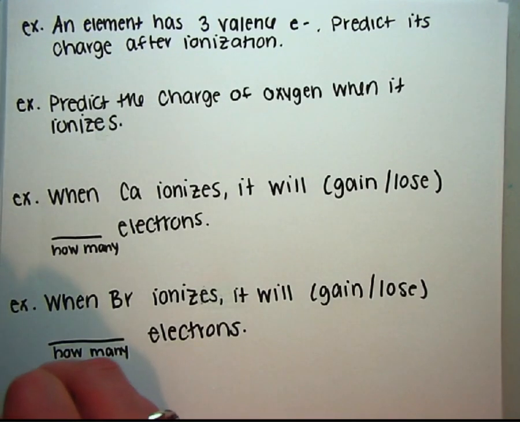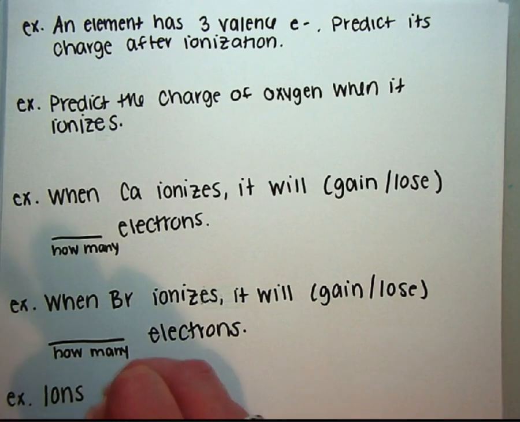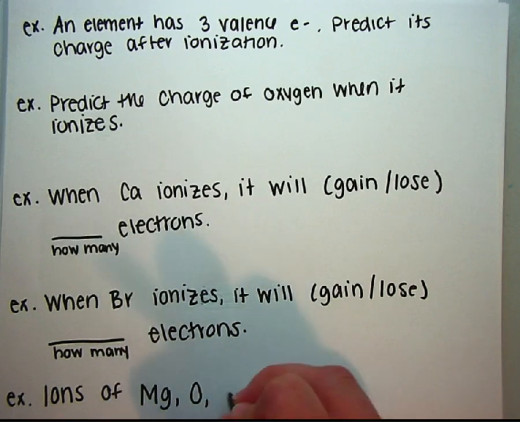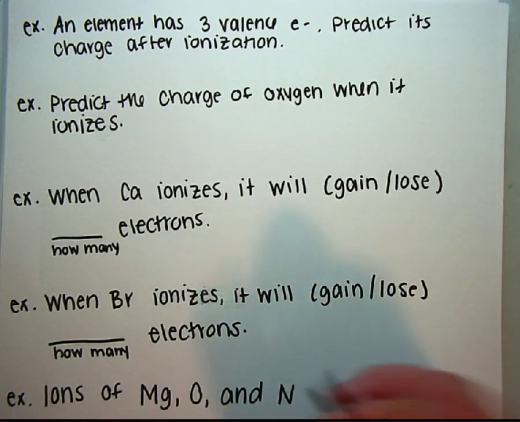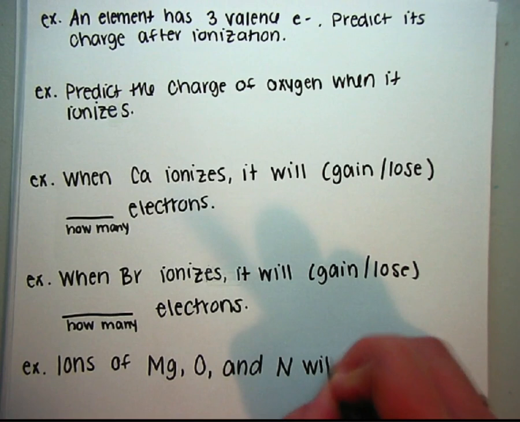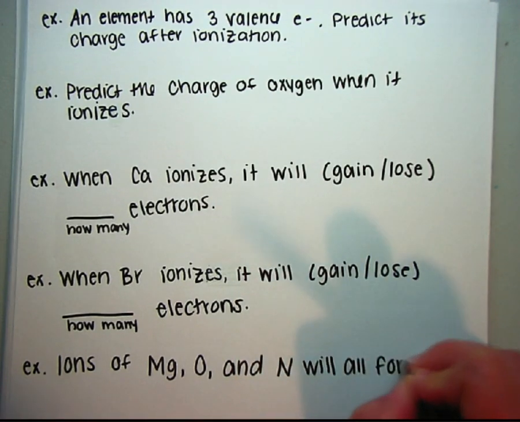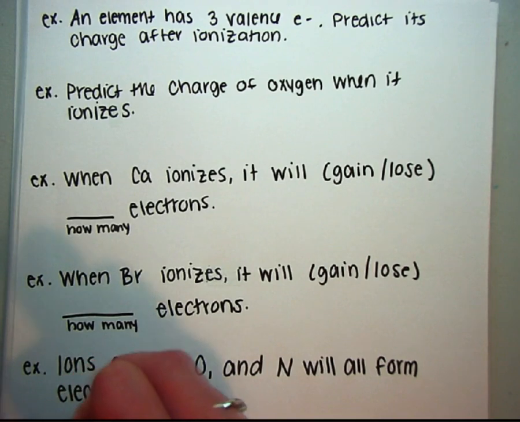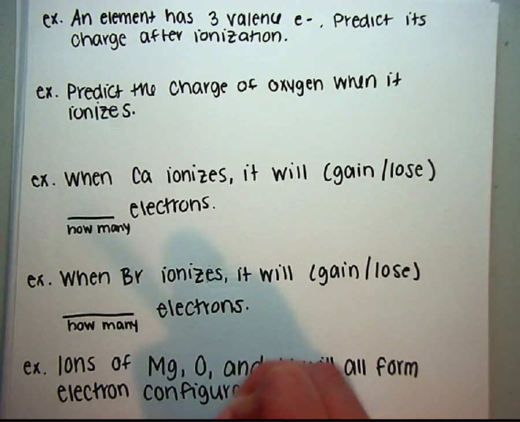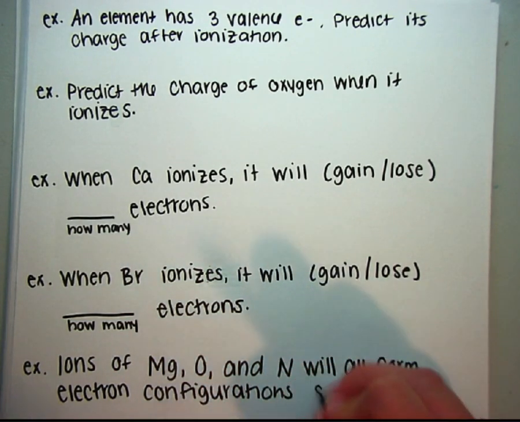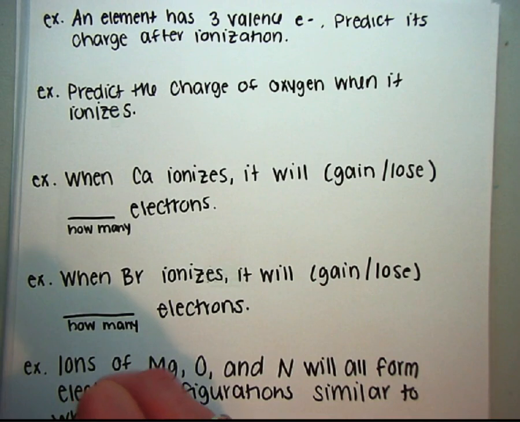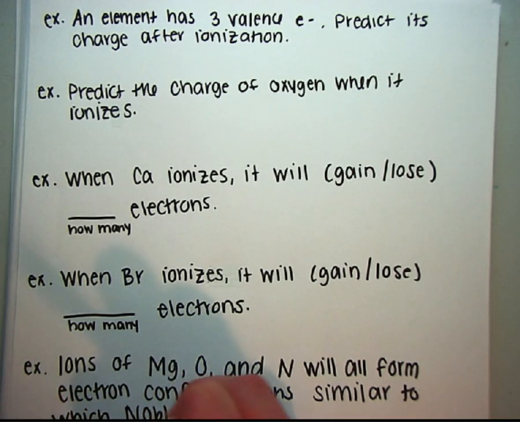Last one. Ions of magnesium, oxygen, and nitrogen will all form electron configurations similar to which noble gas?